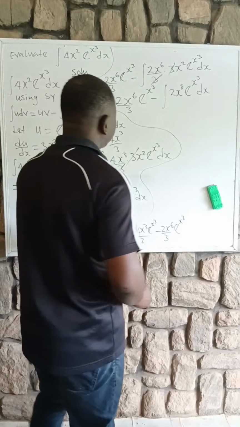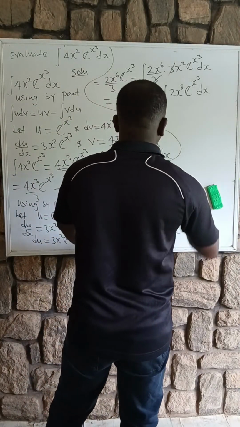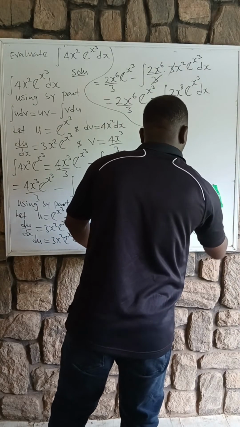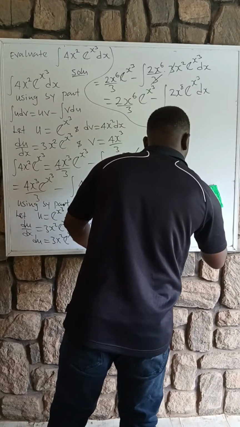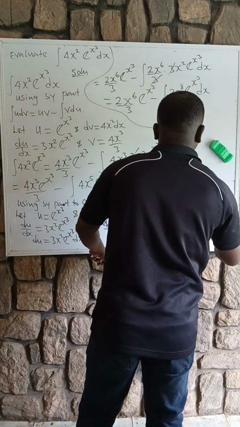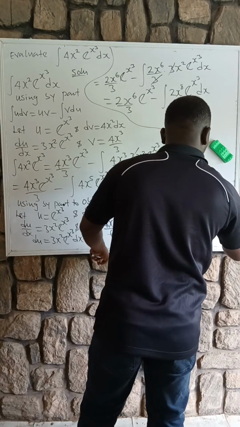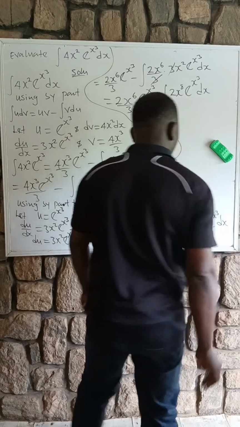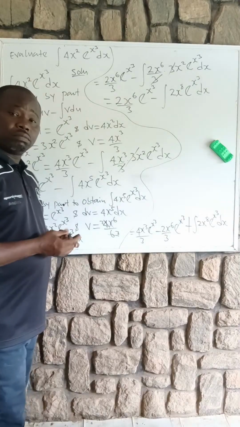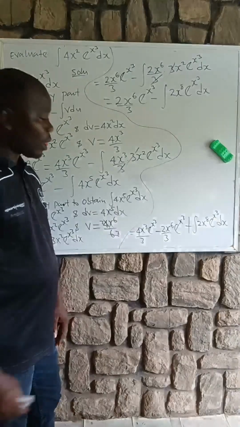Then here will now be plus integral 2x raised to the power of 8 exponential x raised to the power of 3 dx. So it will continue. Is that clear?